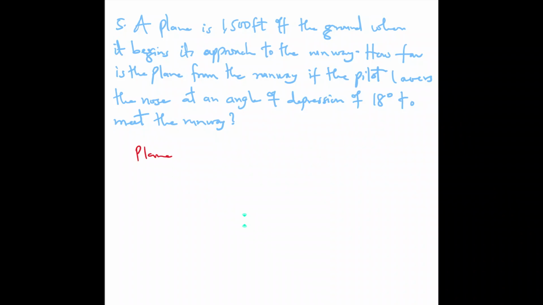Let's assume that this is the plane, and this is the horizontal line of sight. This is the ground, and the plane is 1,500 feet high up in the sky.